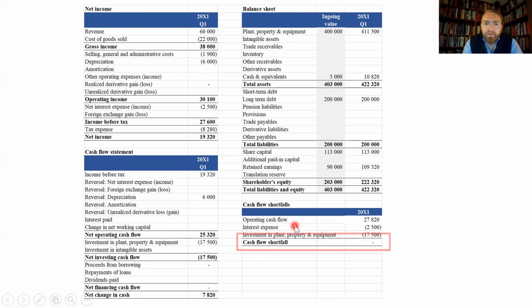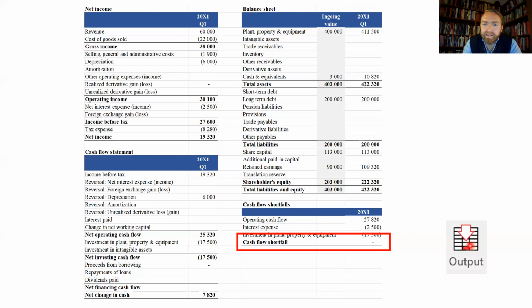So we now have cash flow shortfalls, potentially, because when we start simulating over here, that will generate some scenarios in which operating cash flows fall below interest expenses and the investments. I mean, these are our cash commitments, right? So right now, this is not showing any numbers because operating cash flows in the expected scenario is enough to cover cash commitments.